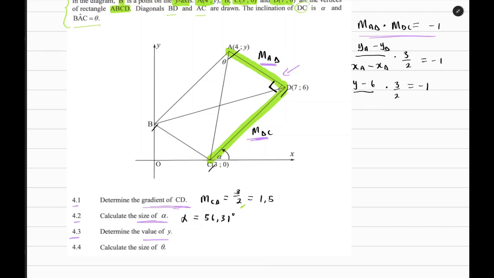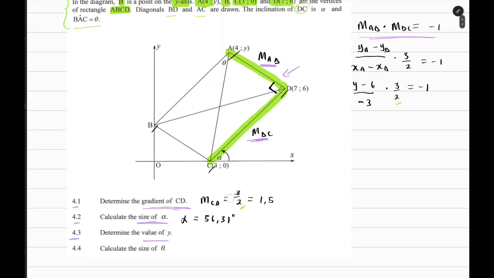Now I'm going to multiply the left hand side and the right hand side by the reciprocal of 3 over 2. (y minus 6) over -3 times 3 over 2 times 2 over 3. What you do on the left, you need to do on the right. Now I've gotten rid of the 3 over 2 on the left hand side because those cancel out. So now we have (y minus 6) over -3 equals -2 over 3.